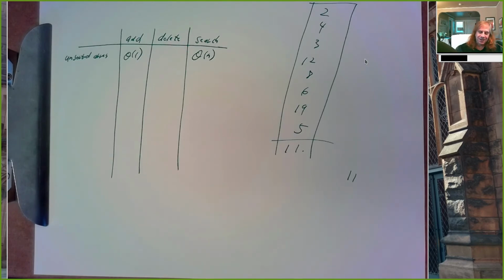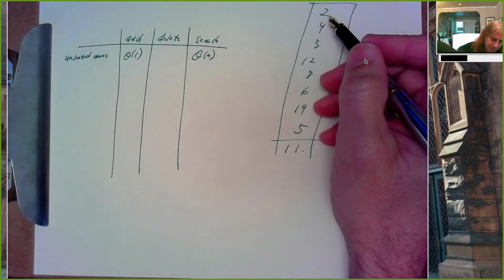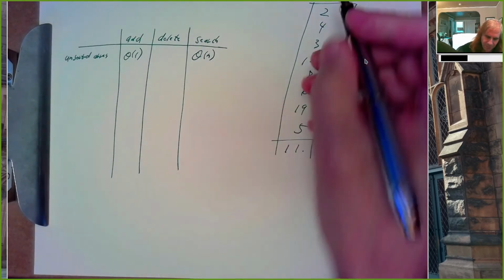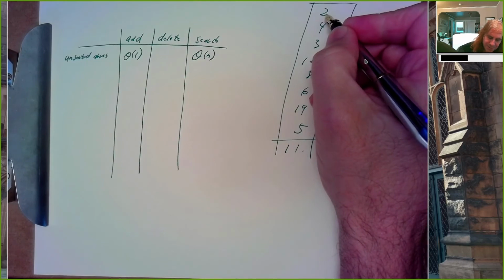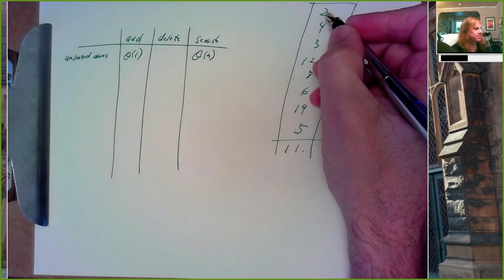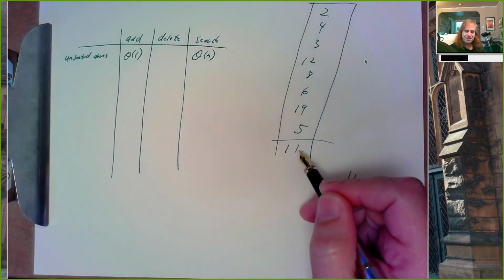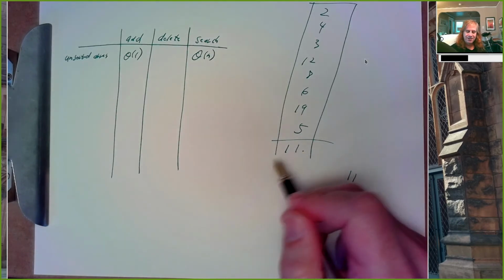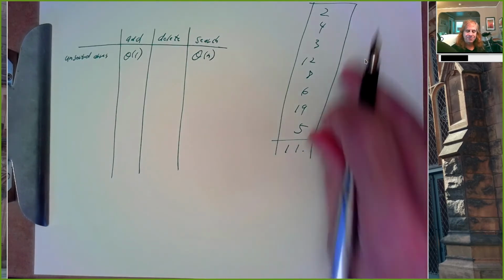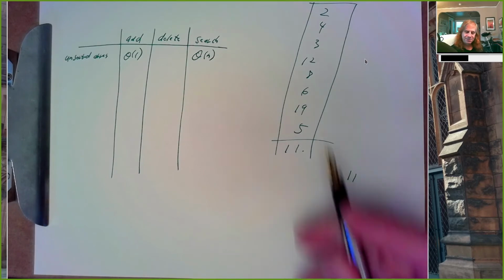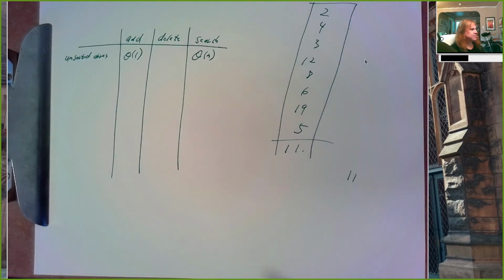And here, if I happen to find something in the beginning, I could delete that. How would I delete something from the beginning of my array? If I want to delete the 11 at the end, I just say, yeah, I have one fewer thing in my array. How could I delete the first thing efficiently?